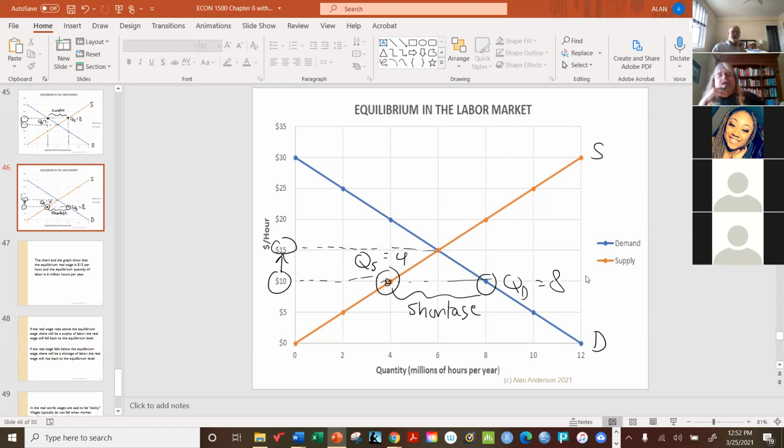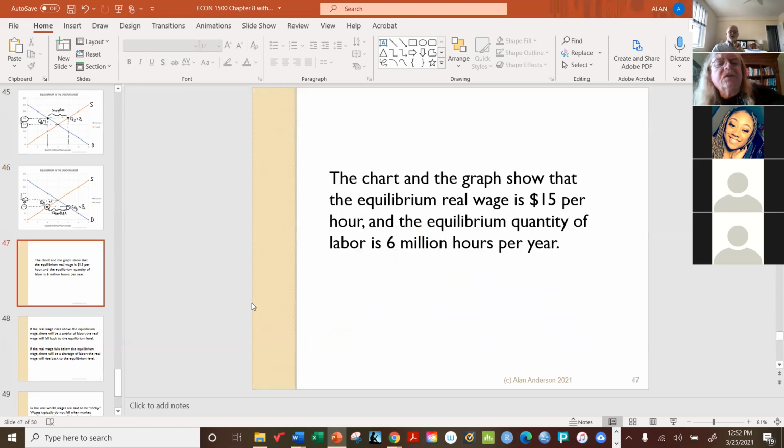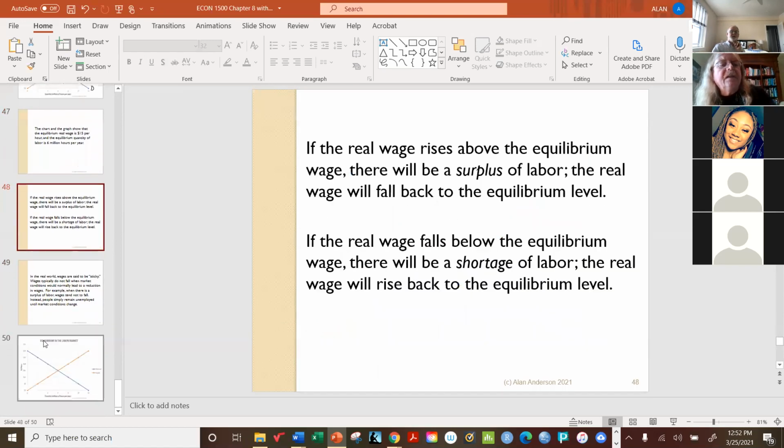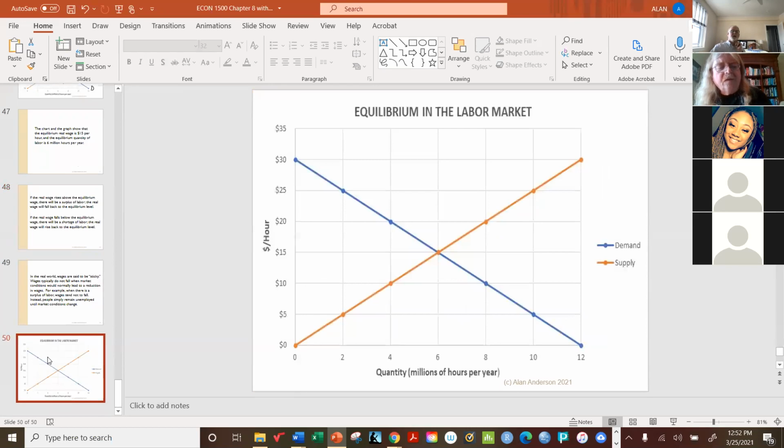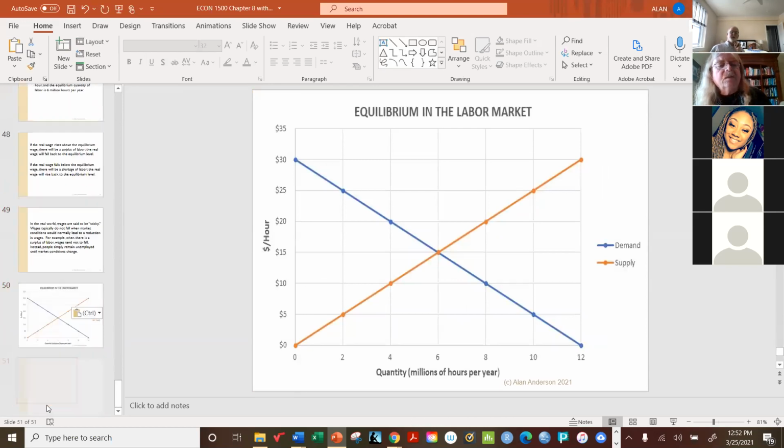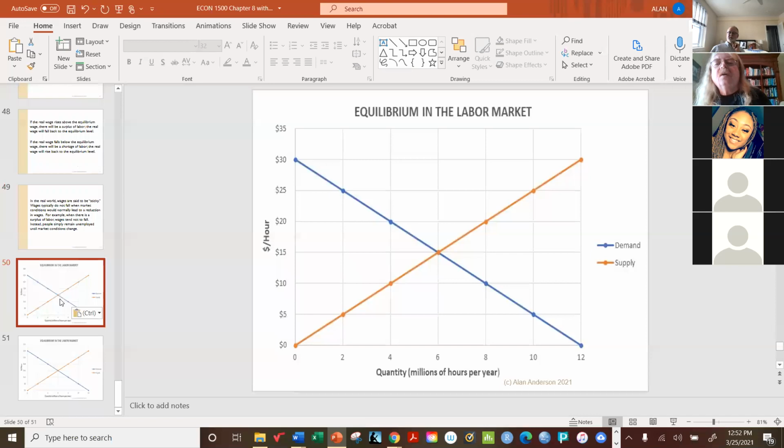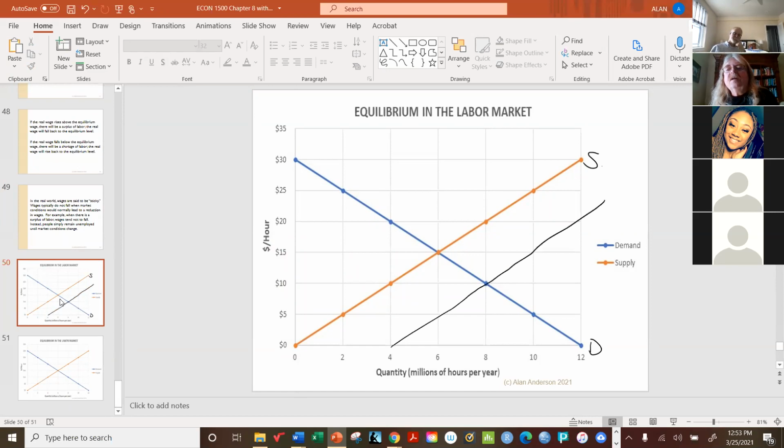All right. Now, you can also imagine that different conditions can cause these curves to shift around, just like in any other market. There are factors that can cause the supply and demand for labor to go up or down. For example, what do you suppose could cause people to want to work more? Well, it could very well be that simply the number of people in the market is increasing.